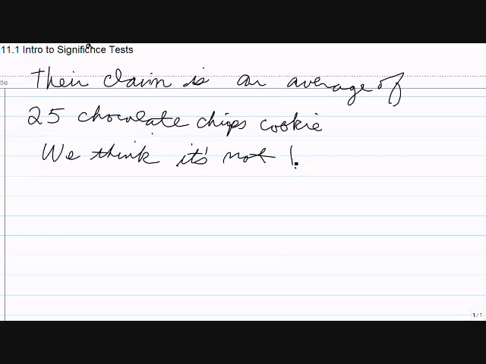There. So, if they are, as the manufacturer claims, an average of 25 chocolate chips per cookie, then we could say that the population mean is 25 chips.